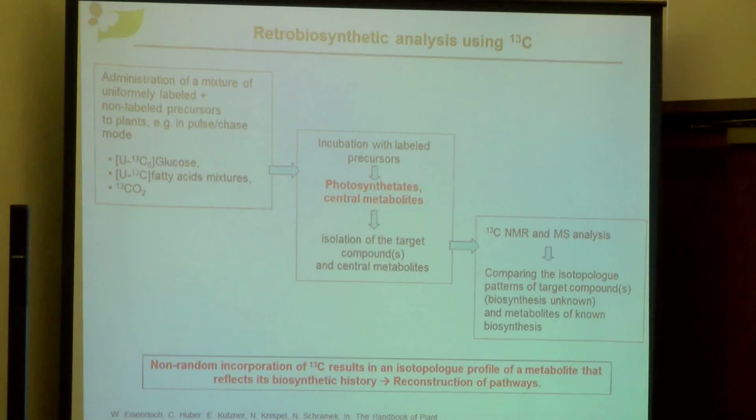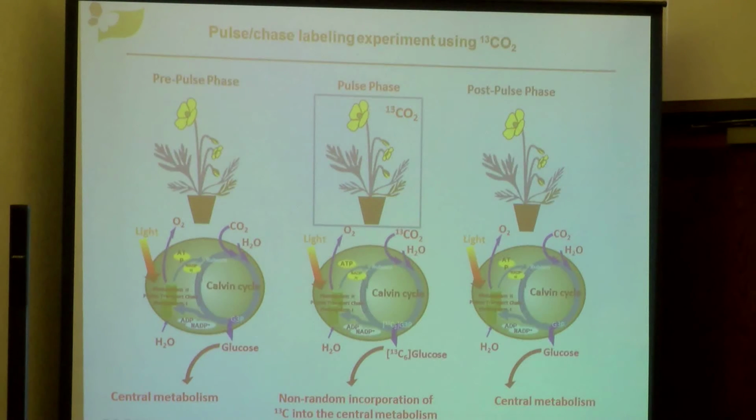And this is what we have done in several examples during the last years, especially in an example I will show you in a minute. This shows just the pulse-chase labeling experiment using carbon dioxide. So this is a completely non-invasive approach, because carbon dioxide is assimilated by the plant. It is assimilated in photosynthesis, and the labels are then introduced into the central metabolism.